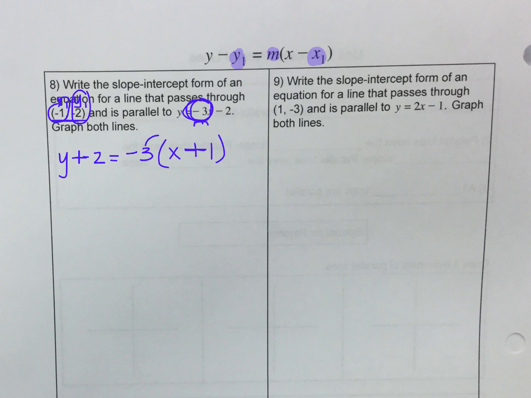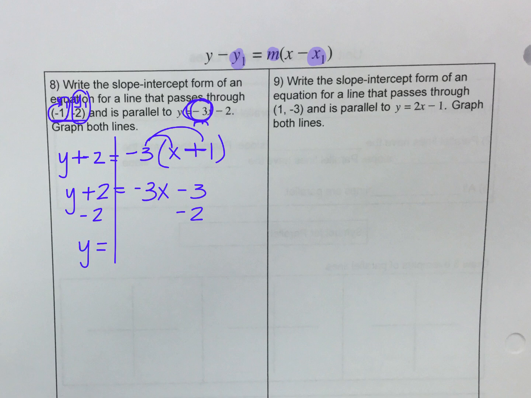Now we distribute. y plus 2, I just copy that down, equals negative 3x, because negative 3 times x is negative 3x. Negative 3 times 1 is minus 3. The only thing left is to subtract 2 to get that y alone. y equals negative 3x. Negative 3 minus 2 is a negative 5.